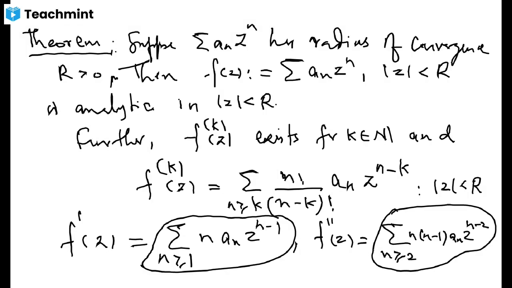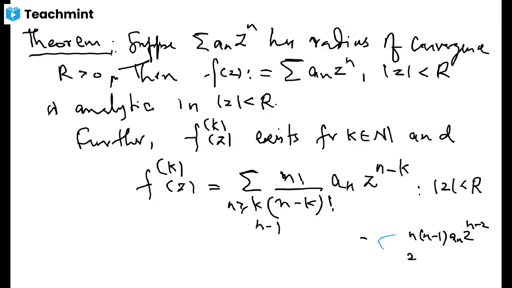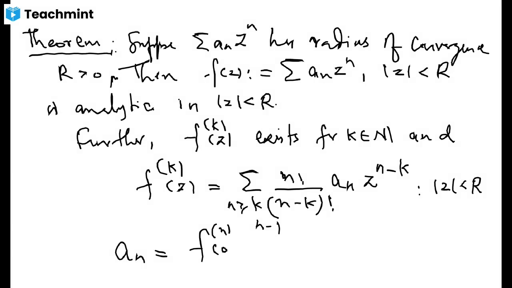And the final thing that this theorem will tell you is that you can evaluate the coefficients of the power series in terms of the derivatives of the function. Coefficients are constant terms, and it says that the coefficient is evaluated as the nth derivative of f at 0 upon n factorial.